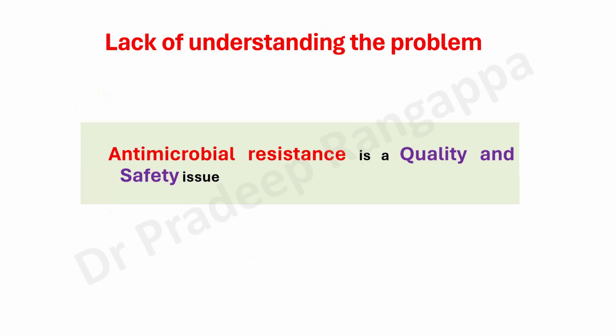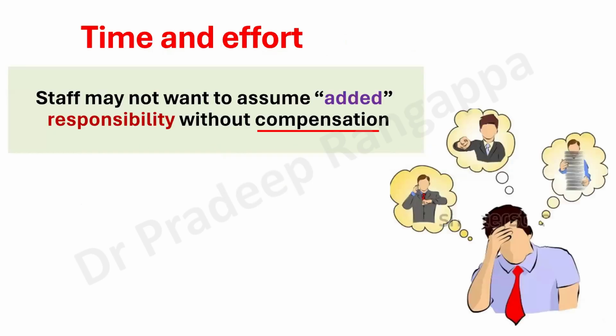This is something that needs to be conveyed to all the treating teams, because their indiscriminate usage of antibiotics leads to emergence of antimicrobial resistance, which can lead to a breach in quality and safety. And many a times staff may not want to assume added responsibility without adequate compensation.